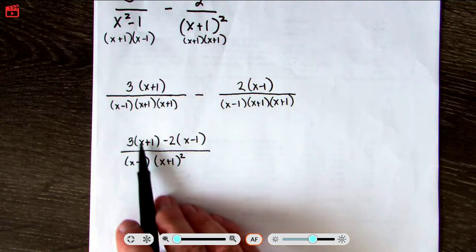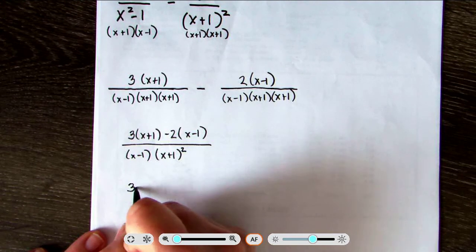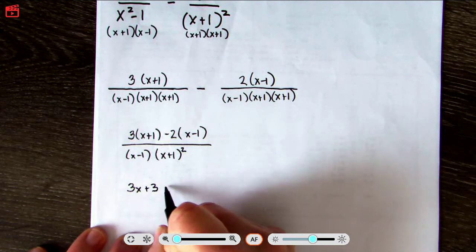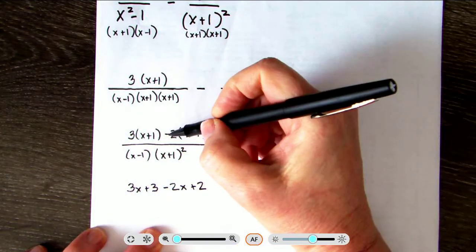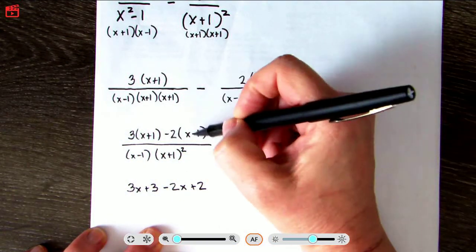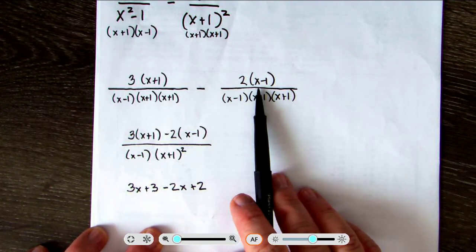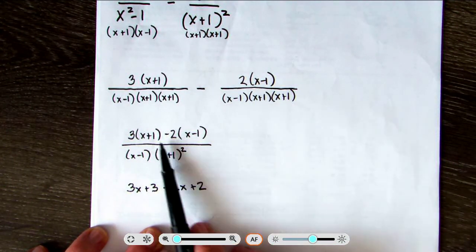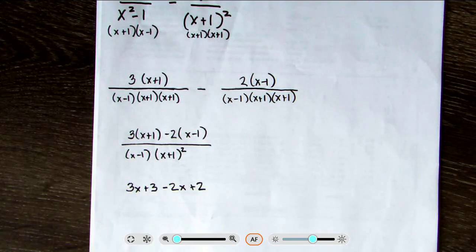So I'm going to do my distribution and then combine my like terms. So I have 3x plus 3 minus 2 times x plus 1, making sure to multiply that negative 2 times that negative 1. This is the reason I did not distribute here, because I wanted to write it as subtract 2 times that thing. So I make sure that that sign gets carried along to where it needs to go.